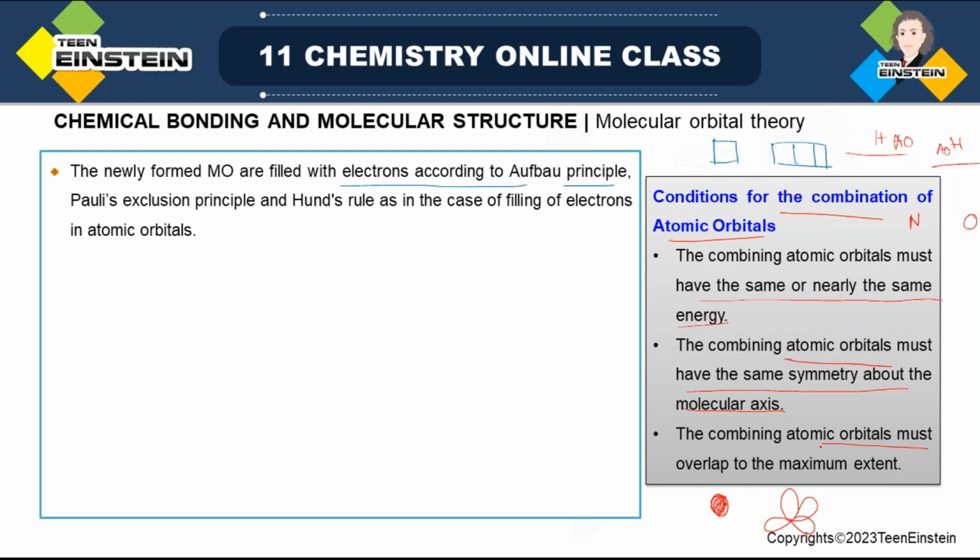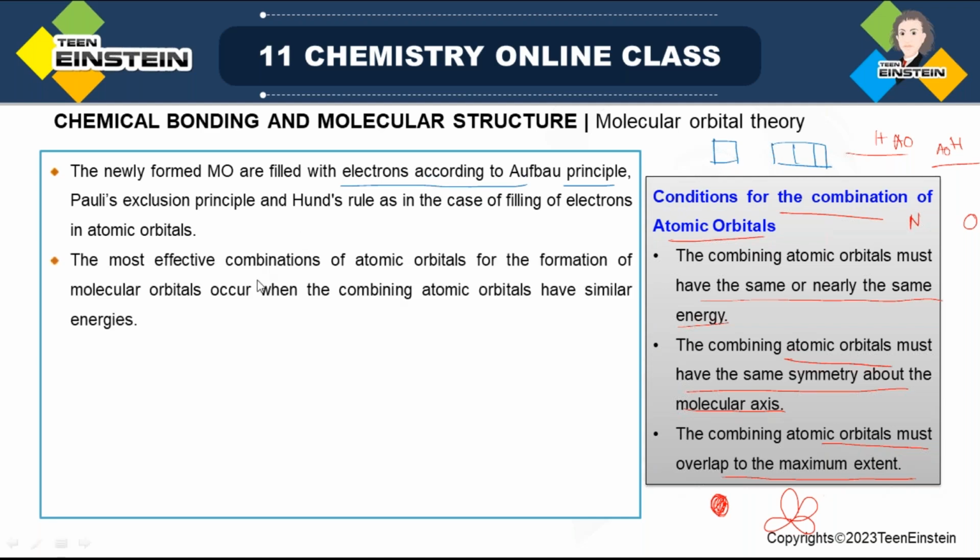And the combining atomic orbitals must overlap to the maximum extent. Now that is not anything new. We have already considered this fact several times in other theories also. The higher the overlap, the better the bond; you can say the bond strength will be very high.